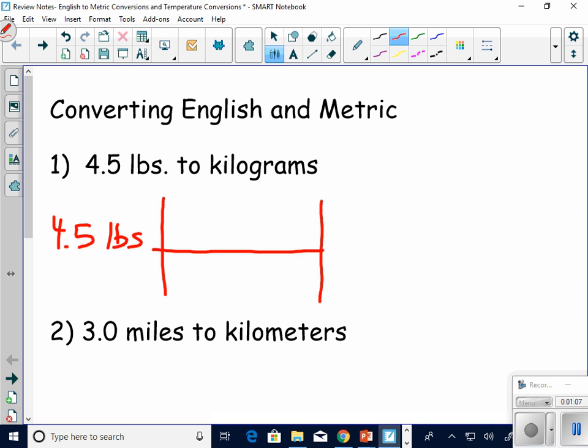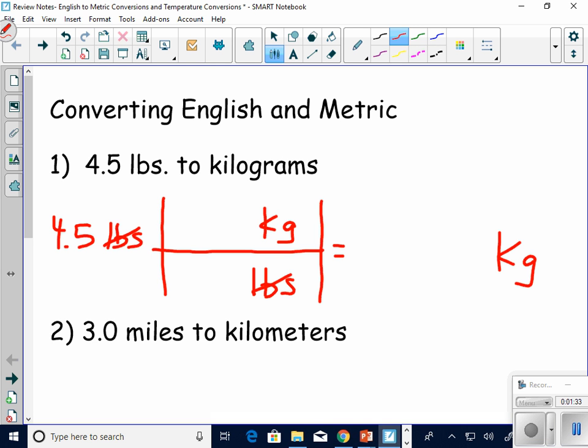I want pounds to cancel. So I put pounds on the bottom. I'm going to put kilograms on top so that my pounds here will cancel and my final answer will be in kilograms.